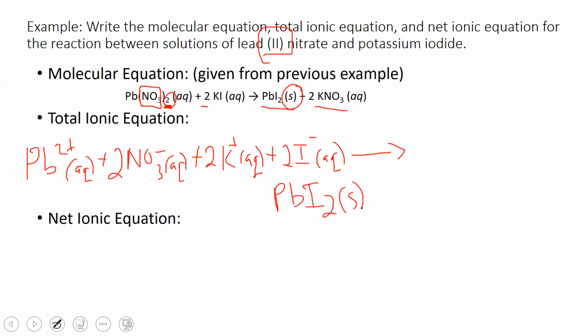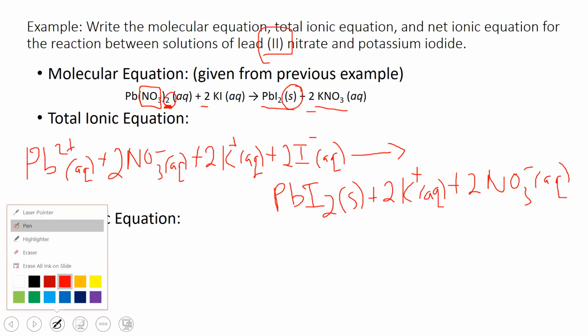So now we go to our potassium nitrate, and again, that stoichiometric coefficient, the 2, applies to both the potassium and the nitrate. So this will be 2K plus aqueous plus 2NO3 minus aqueous. Okay? Now, on this one, we've got spectator ions to identify as well.